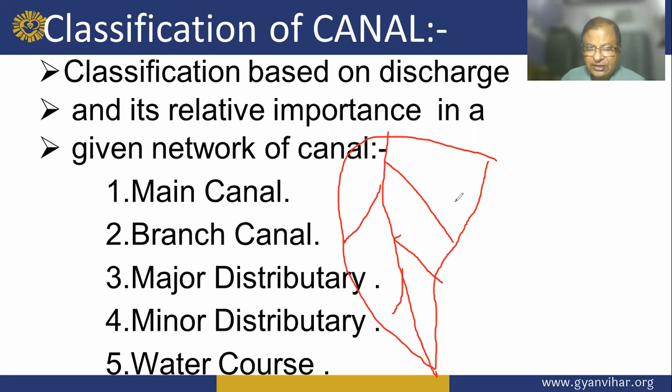Okay. And now this is the main canal. This is the main canal. Branch canal, this, this, this is the branch canal. Major distributary, which distributes water at last, is called major distributary, and it is a watercourse also.